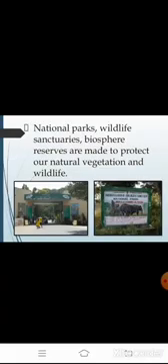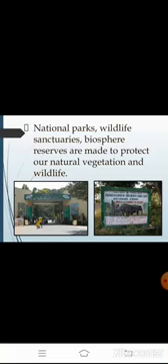Now, for conservation, what should be done? The national parks, wildlife sanctuaries, biosphere reserves are made to protect our natural vegetation and wildlife. Now, let us understand the meaning of what is a national park. It's a natural area designated to protect the ecological integrity of one or more ecosystems for present as well as for the future generation.